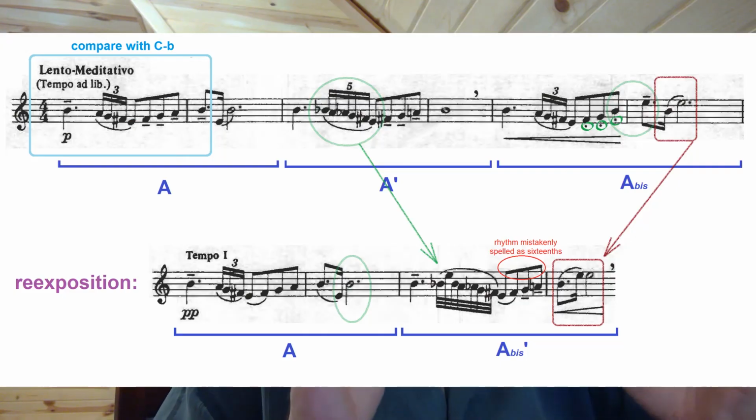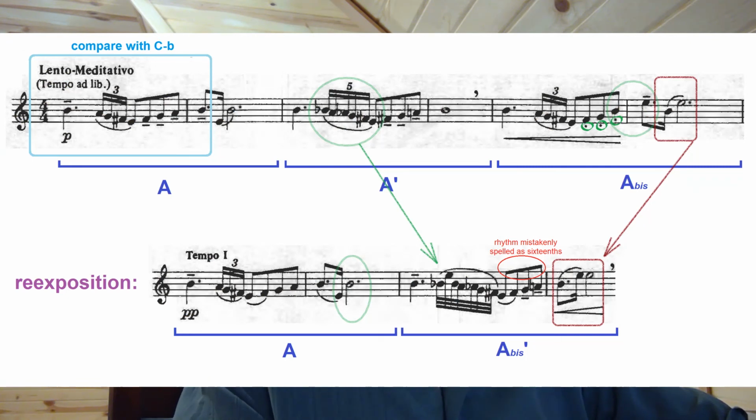So a little chromatic expansion. So it retakes a little bit of the element that differentiates between A and A prime, namely the chromatic element down, as opposed to diatonic, but the ending is as in A bis. So basically, with 2 iterations, he collects characteristics of the 3 iterations of the exposition.